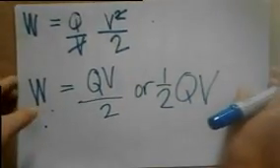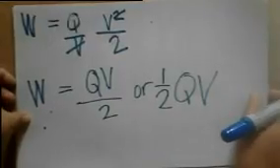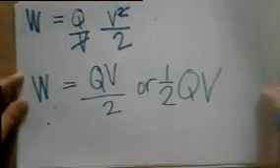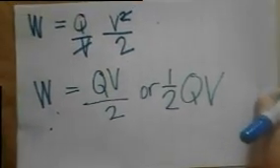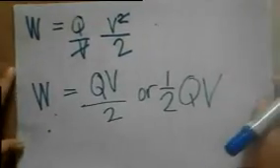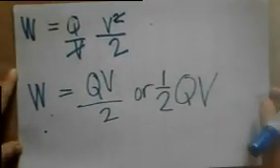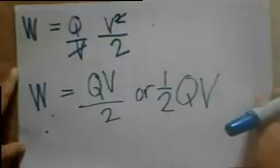If we define the potential energy of an uncharged capacitor to be 0, then the W in equation 8 is equal to the potential energy U of a charged capacitor. So the final stored charge is Q equals CV.